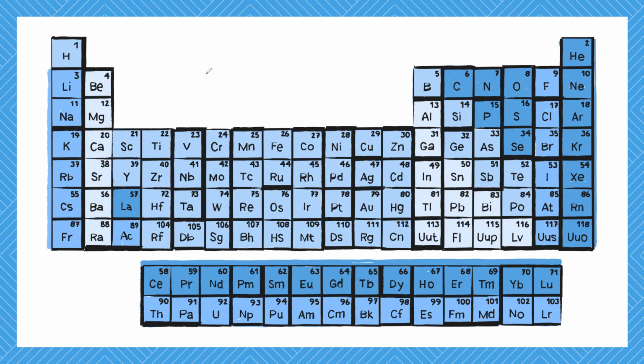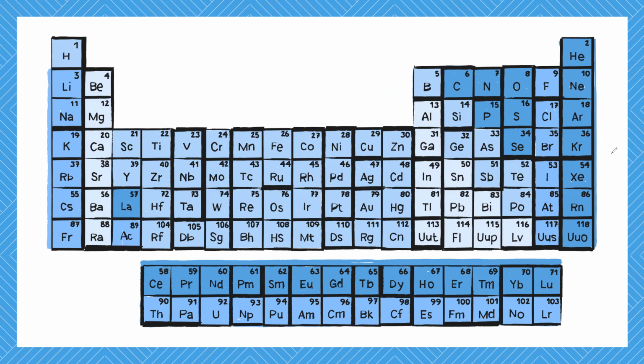I'm going to be showing you all the blocks one after the other. The whole of the periodic table has been divided into blocks, and I'm going to be showing you what they are in today's class.